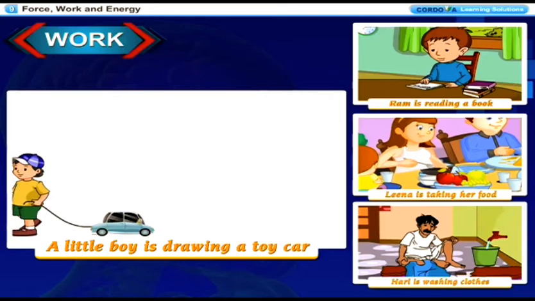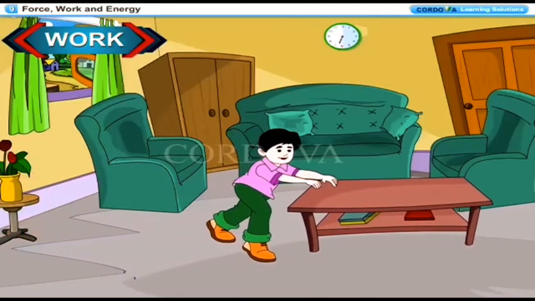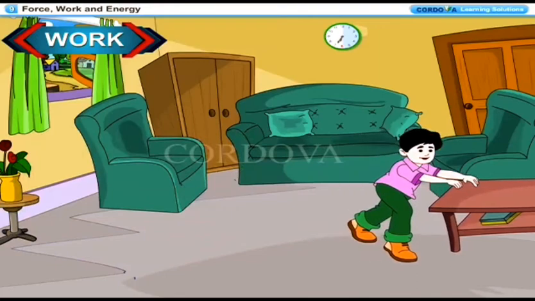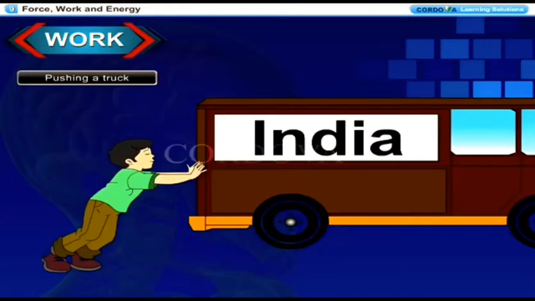Thus, work is said to be done only when the applied force causes a change in the position of the object in the direction of the applied force. For example, if you push a table and it moves in the direction of applied force, then work is done. If you push a truck with all the force you have, there is no change in its position. Hence, no work is done.